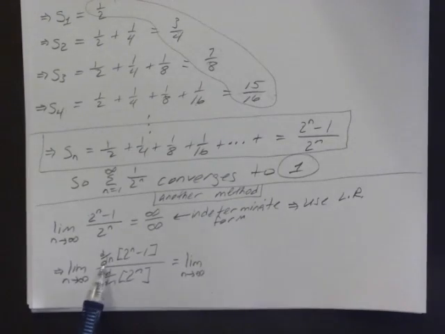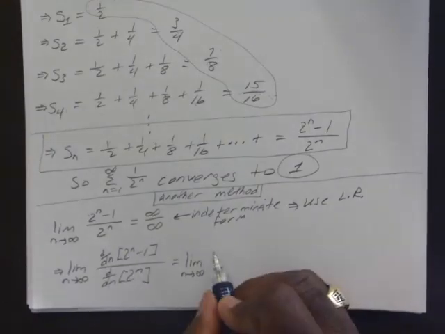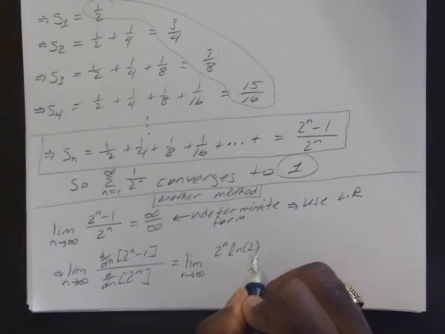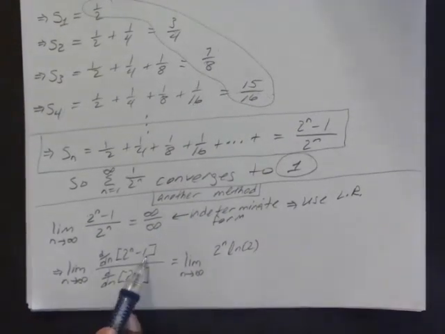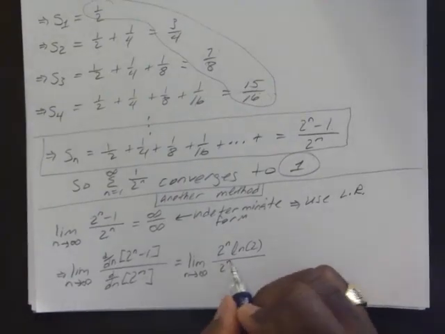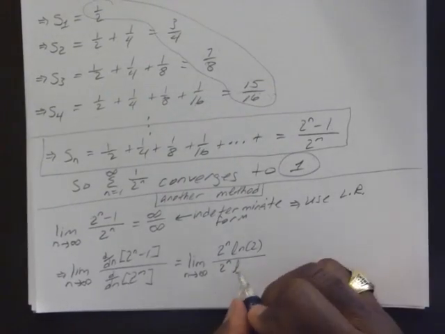Okay, so we know the derivative of 2 to the power of n is 2 to the power of n times the natural log of 2. Minus the derivative of 1 is just 0, so that disappears. Divided by the derivative of 2 to the power of n, which is 2 to the power of n times the natural log of 2.